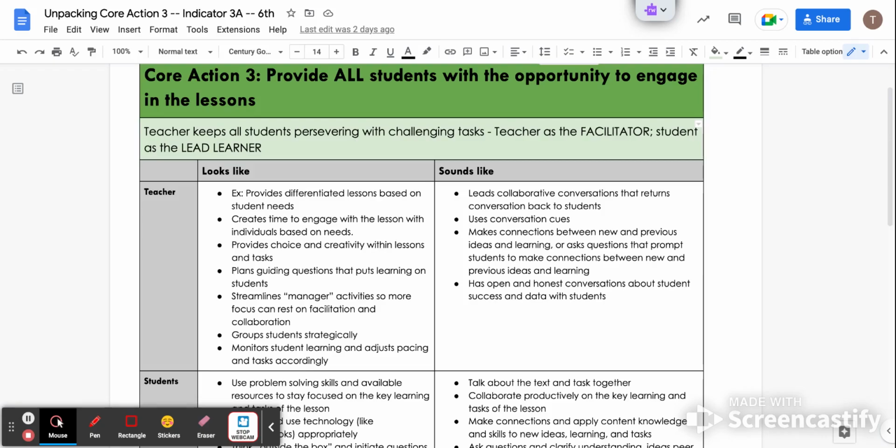I took the lesson narrative, looked at what students should be doing for each section, and typed it into this lesson preparation tool. I want you to take a look at it to see how the lesson narrative is really helpful and how to use this lesson preparation tool to unpack the lesson narrative and know what teacher moves are really critical in this lesson to support our work with core action 3A.